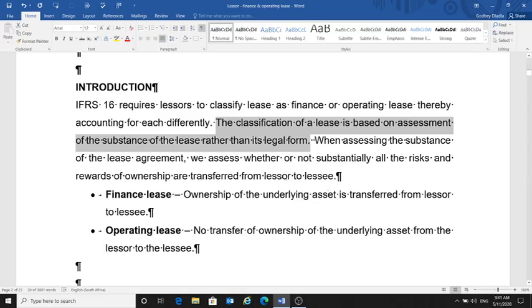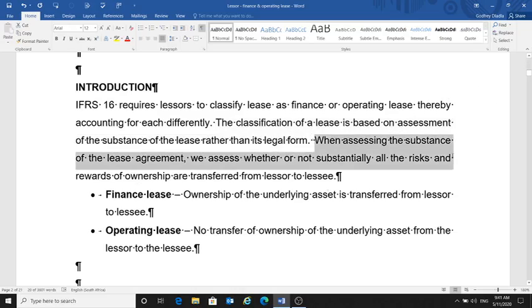Okay, when assessing the substance of a lease transaction, you'll see here, we assess whether or not substantially all the risks and rewards of ownership are transferred from the lessor to the lessee. So it's what I was saying now, that the issue of transferring ownership from lessor to lessee is key in deciding whether something is a finance lease or an operating lease.